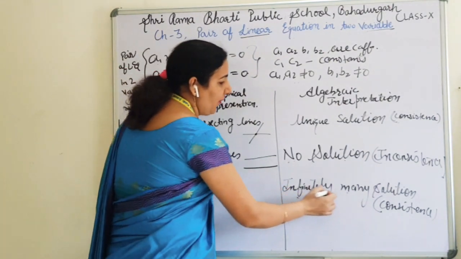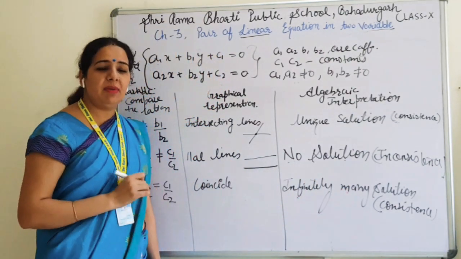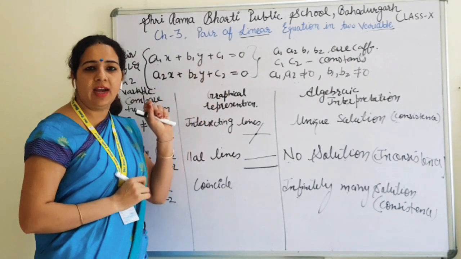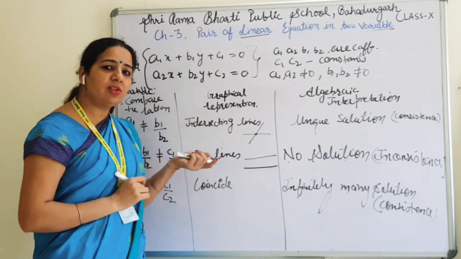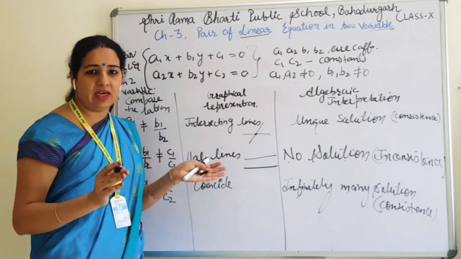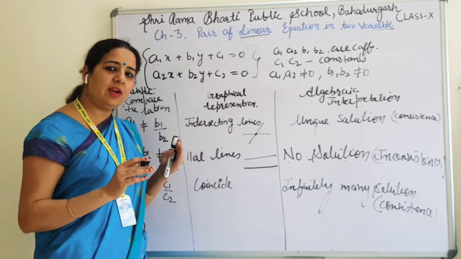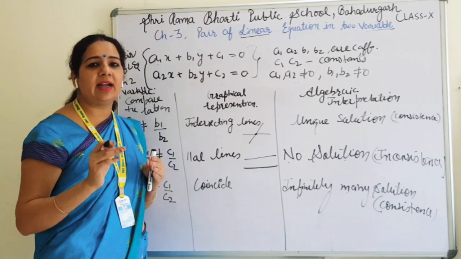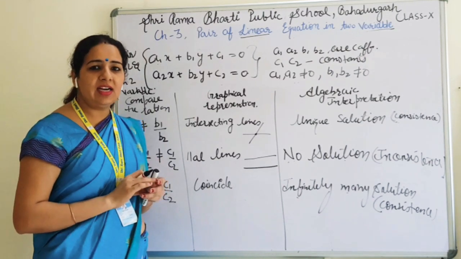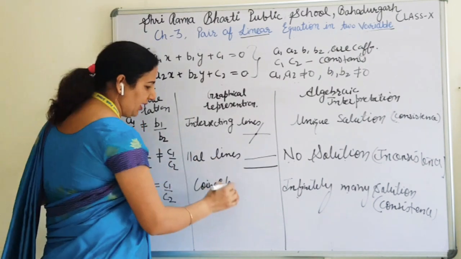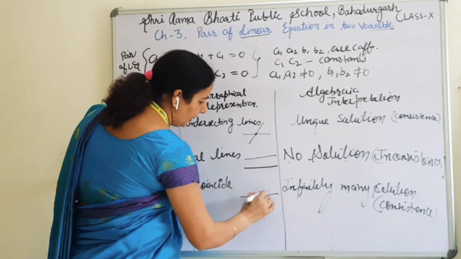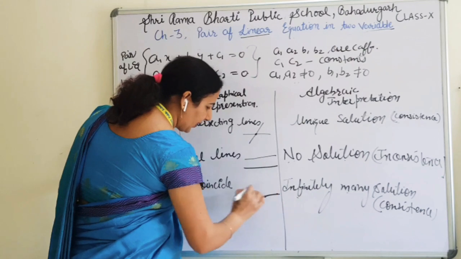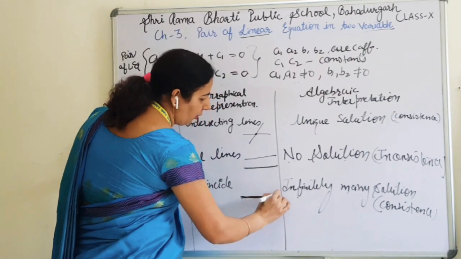Next is infinitely many solutions, meaning we have uncountable solutions for this pair of linear equations. Infinitely many solutions means the lines will intersect infinitely many times. When the lines intersect infinitely many times, this one is the first line and the second line is also on this line.